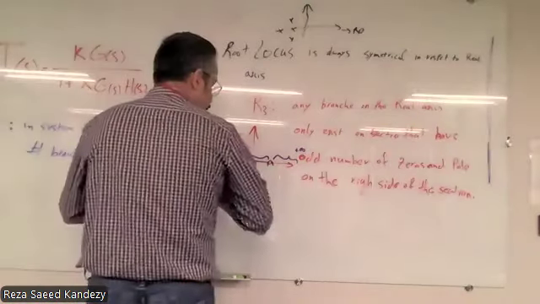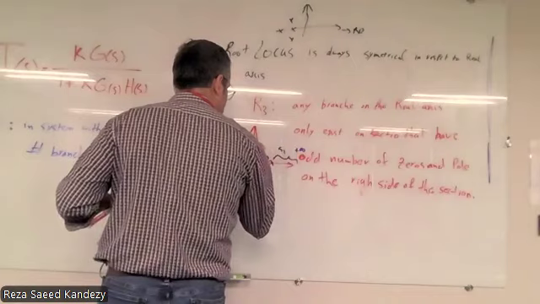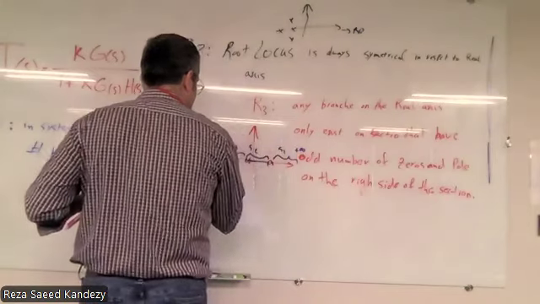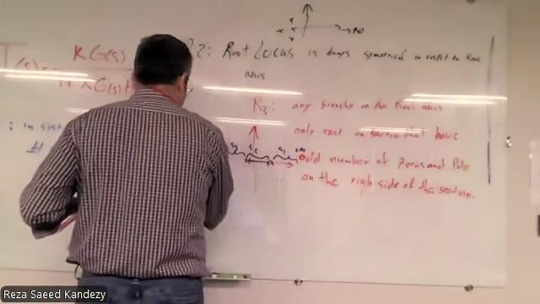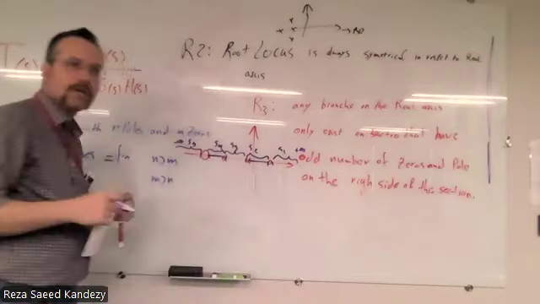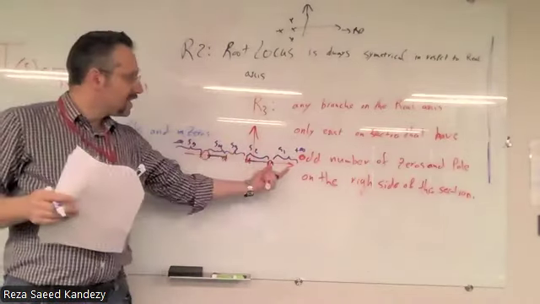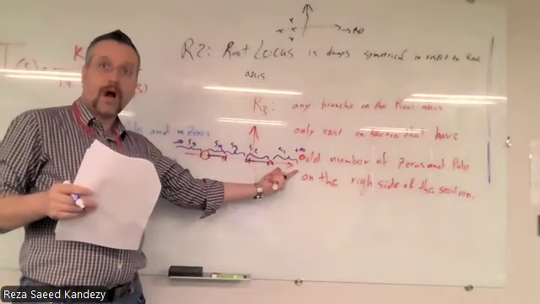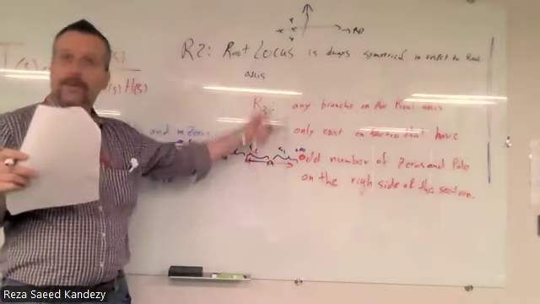Let's say this is section 1, section 2, section 3, section 4, and section 5. The rule is about sections on the real axis. We don't talk about the complex numbers.